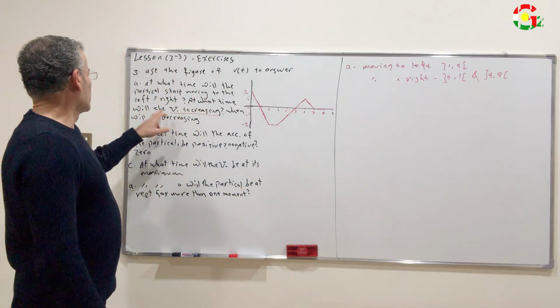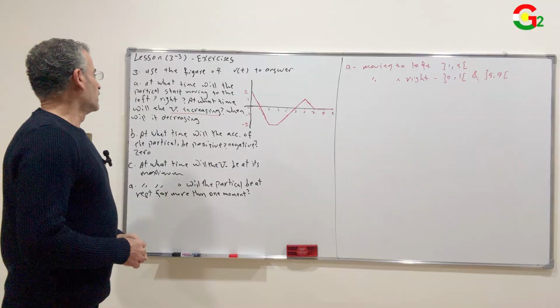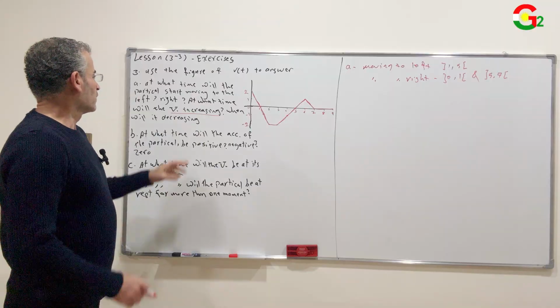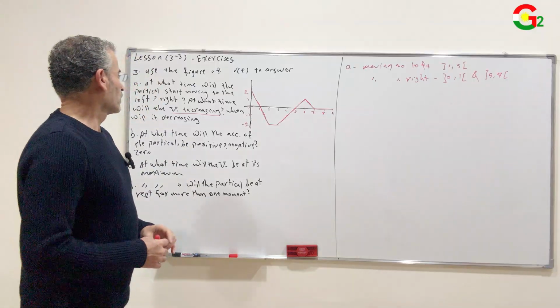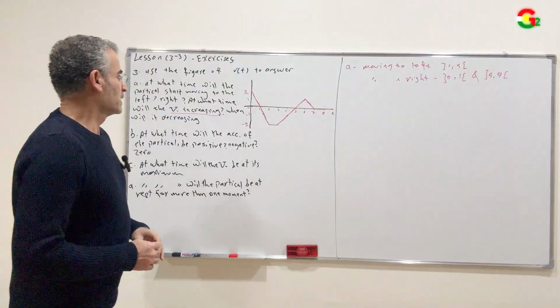At what time will the velocity be increasing? The velocity is increasing either when the velocity is negative and decreasing, or when it is positive and increasing.